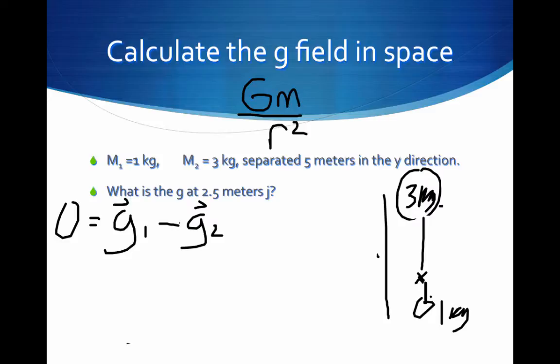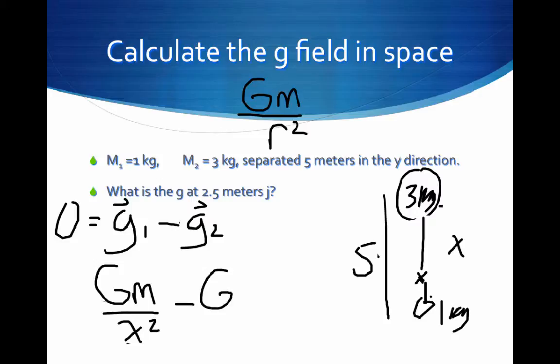So if you're going to do that, and I wanted to find that location, I'm going to call that whole distance x. Remember that this was 5 meters apart. So let's call the distance from the one mass to this point of no gravity x, minus the gravitational field from mass 2.